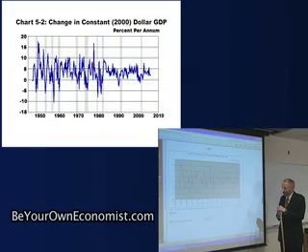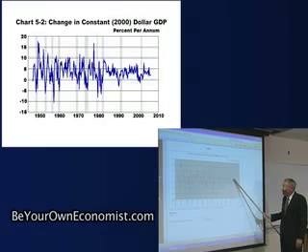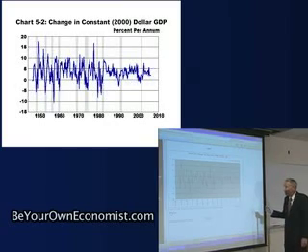And as the broadest measure, it's the one that's followed by everybody to see whether or not the overall economy is growing. And you can see that since the recession of 2001, 2002, we're back on track. The economy has been growing, maybe not as rapidly as it was in the late 90s, but still, it's clearly growing.